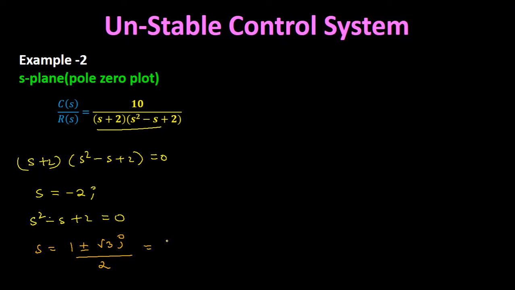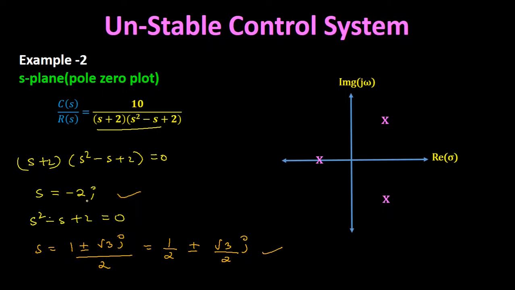This will be equal to 1 by 2 plus minus root 7 by 2 j. Now we will plot these poles on the s plane. We get the first pole at s is equal to minus 2, and this will be plus 1 by 2 point. So this will be plus root 7 by 2, and this will be minus root 7 by 2 points. As we are getting complex conjugate poles lying in the right half of the s plane, even though one pole is lying in the left half of the s plane, this system is an unstable system.